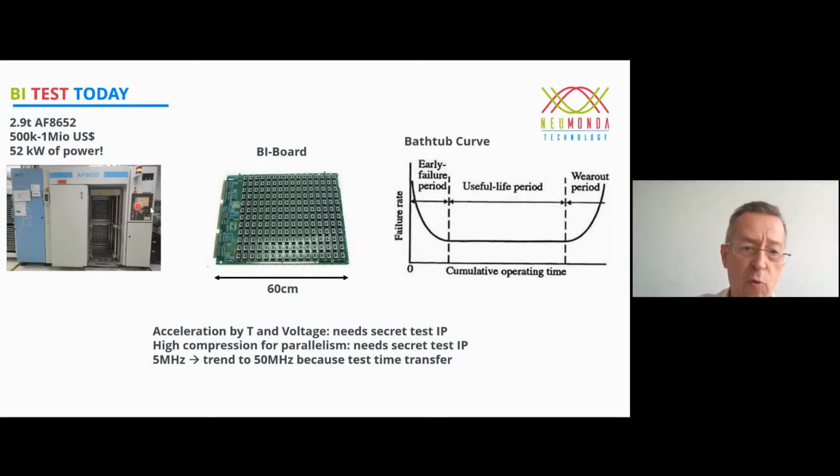Then you plug this board with this connector here into the back of this test system. You stack maybe 20 boards above each other, and in the left chamber another 20 boards. So a complete lot of memories, a couple of thousand pieces, you can test in a single test system.